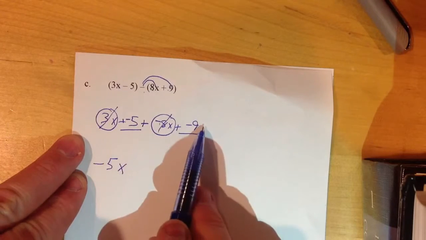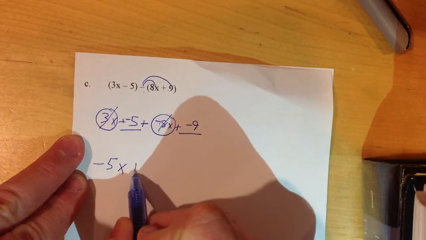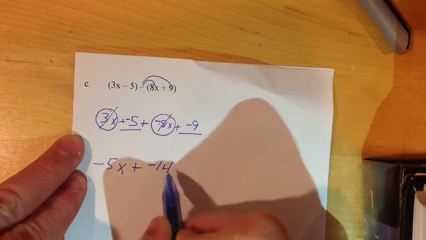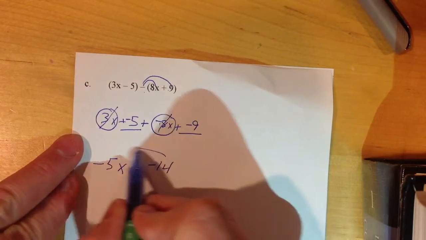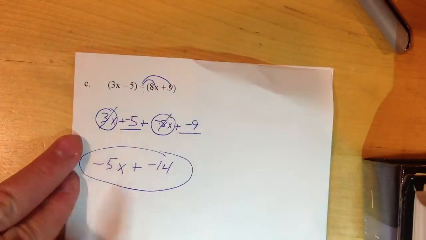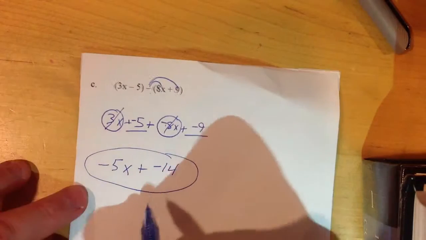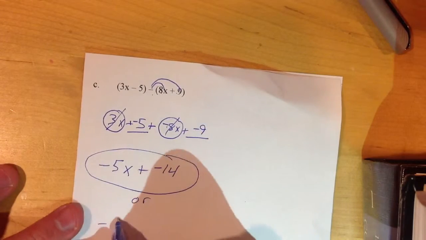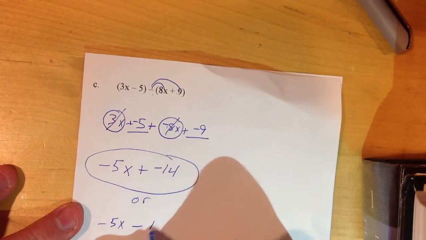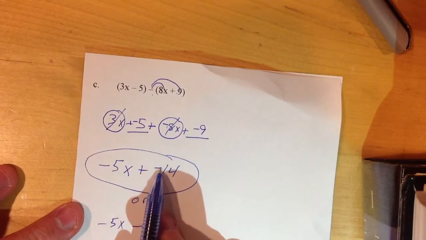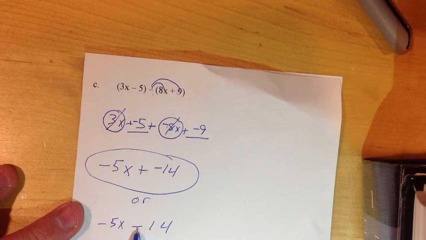So I add the numbers up, keep the sign. So plus a negative 14. All right, and that would be my answer. Just in case you're wondering, it could easily be negative 5x minus 14, because remember, a plus negative is the same thing as a minus.